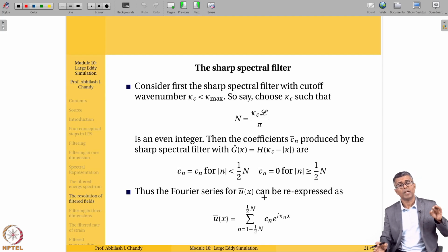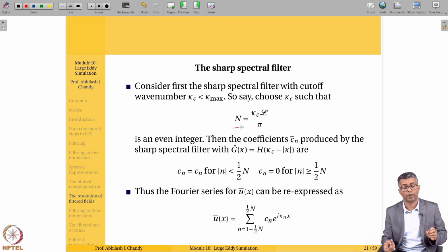Now, if you choose kappa c in such a way that n, which is the number of grid points in your LES grid, is equal to kappa c L over pi, which is going to be, let's say, an even integer. And then let's say you have a sharp spectral filter.